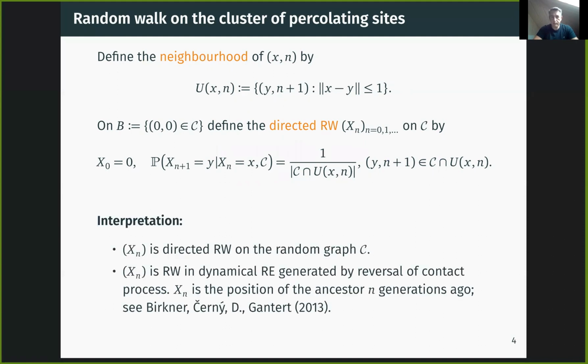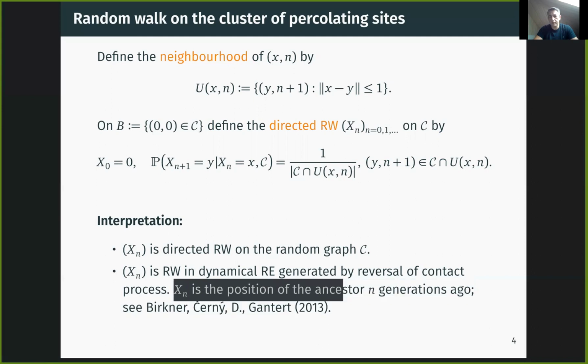Okay, this random walk can be interpreted as a direct random walk on this random graph, but it can also be interpreted as a random walk in dynamical random environment generated by a reversal of a contact process. I leave this interpretation open here.